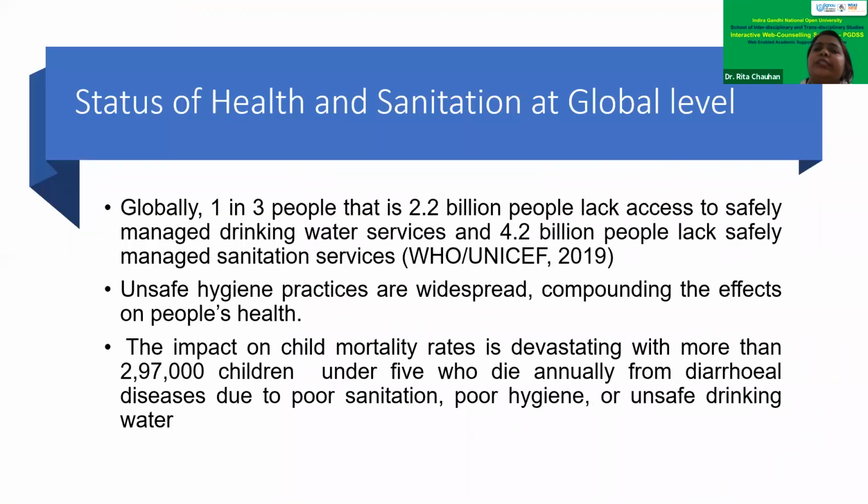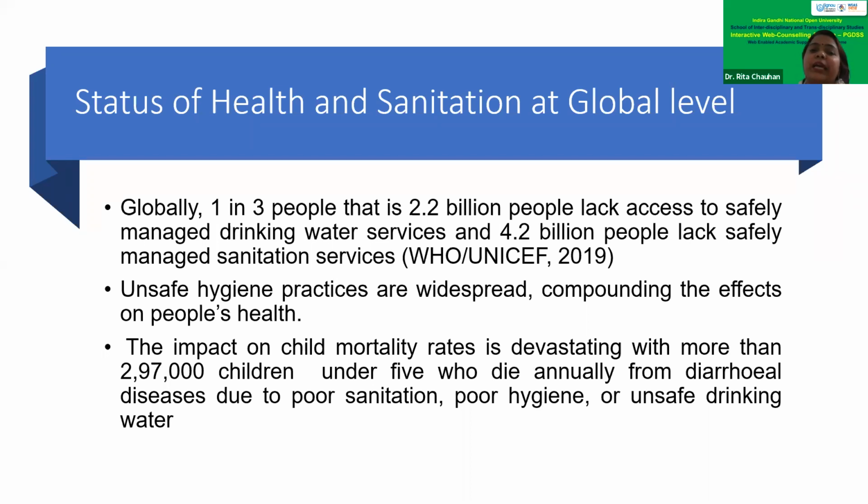Let us look at the status of health and sanitation at the global level. According to the WHO and UNICEF report of 2019, globally, 1 in 3 people, that is 2.2 billion people, still lack access to a safely managed drinking water system, and 4.2 billion people lack safely managed sanitation services. So we are very far behind in achieving the targets.